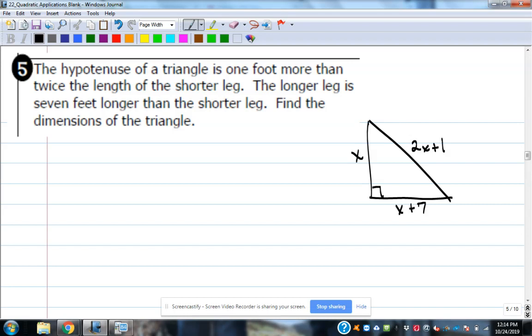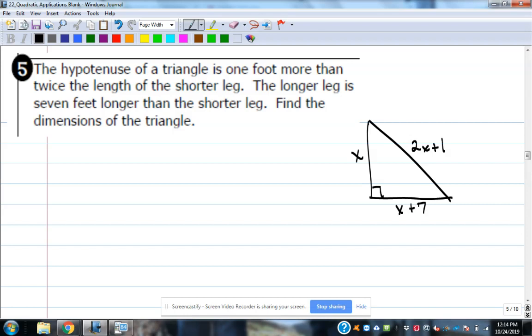Not a trick question. Think about what kind of triangle we have here. What do we know about right triangles? How do the legs relate to the hypotenuse? There's a relationship there.